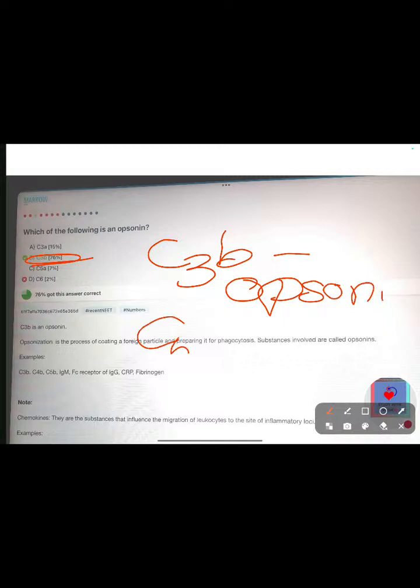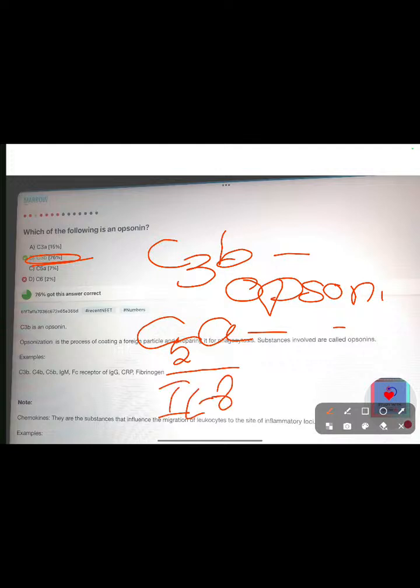What is C5a? Just now we studied, it is the chemoattractant. Which interleukin is a chemoattractant?